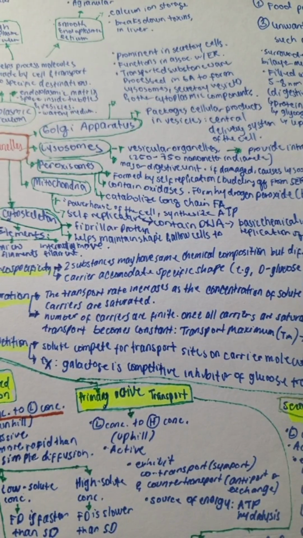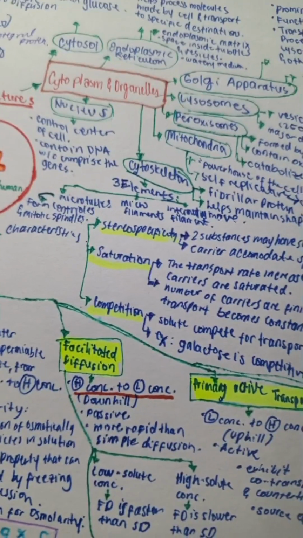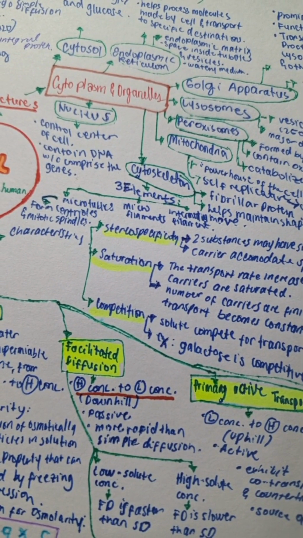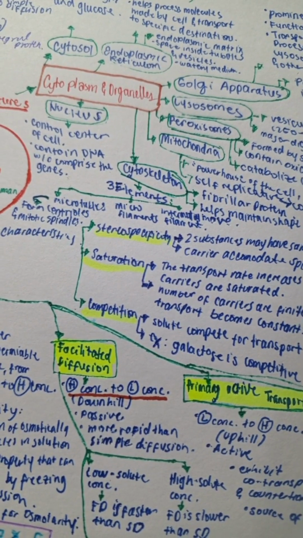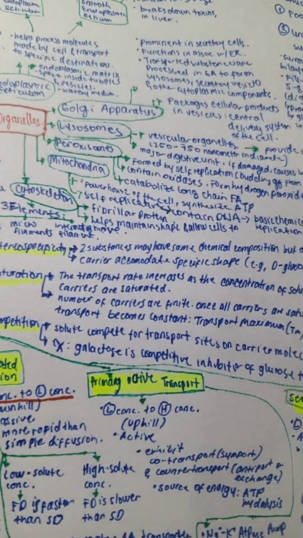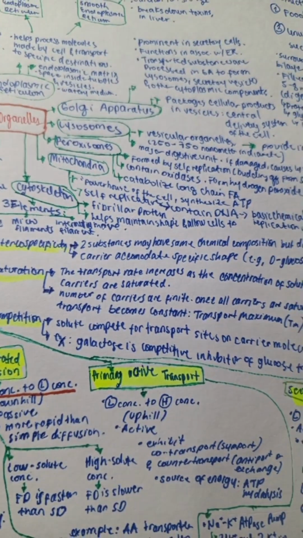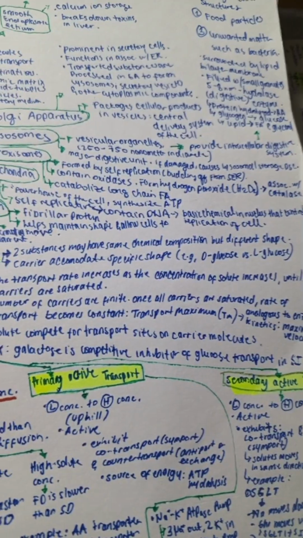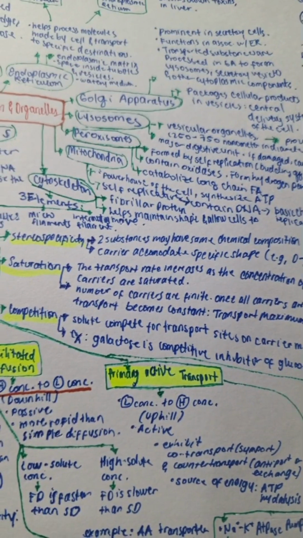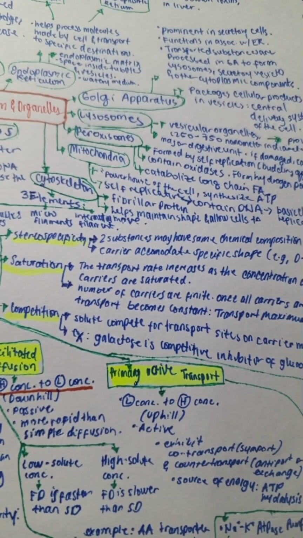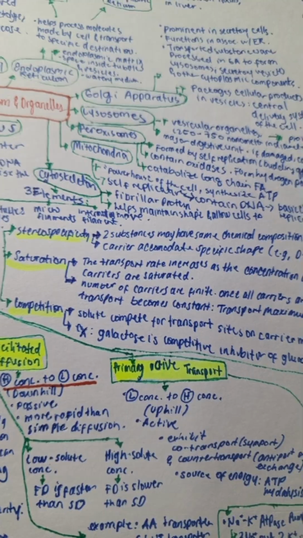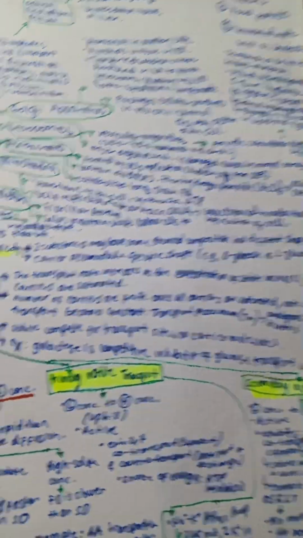Okay, so these are the three characteristics of carrier mediated transport. Stereospecific: two substances may have the same chemical composition but different shape. Saturation: the transport rate increases as solute concentration increases until the carriers are saturated. And competition: solutes compete for transport sites on carrier molecules.